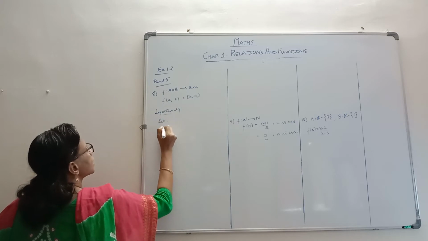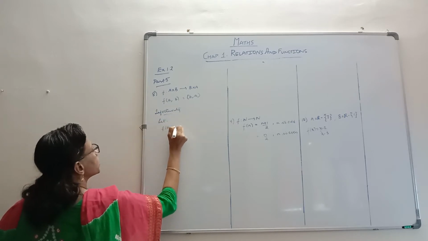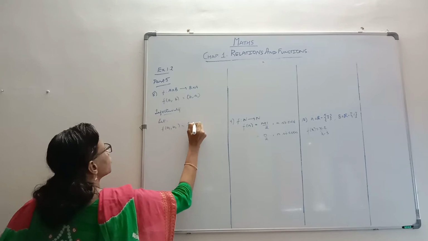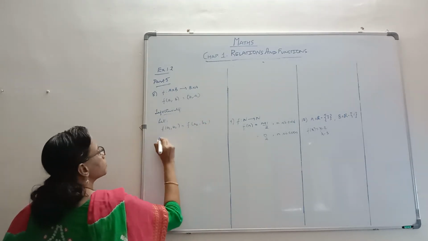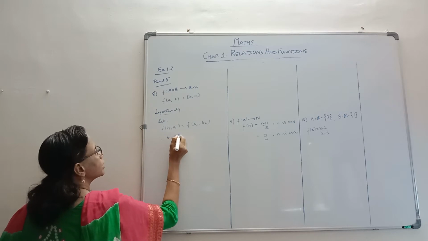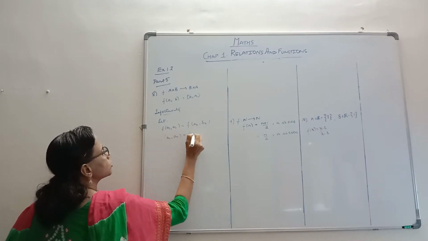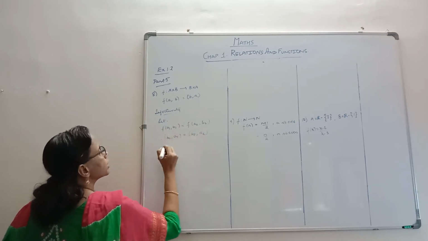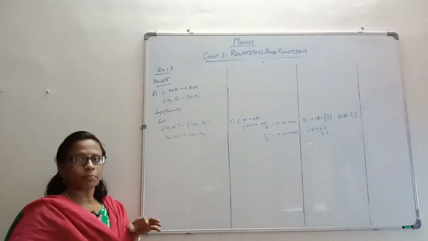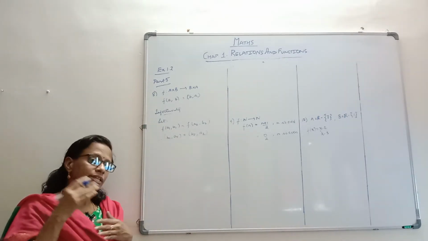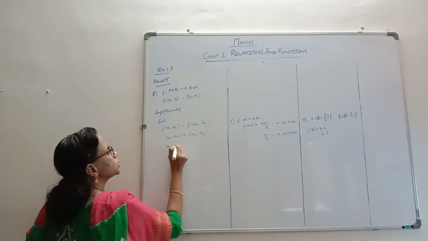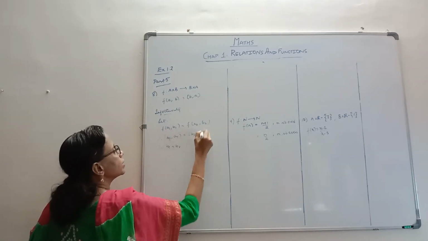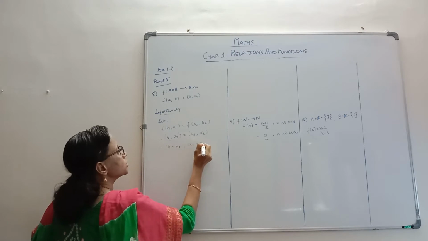Let f of (a1, b1) be equal to f of (a2, b2). So by definition it becomes the ordered pair (b1, a1) equal to the ordered pair (b2, a2). When two ordered pairs are equal, the x coordinates are equal and the y coordinates are equal. So we have b1 equal to b2 and a1 equal to a2.